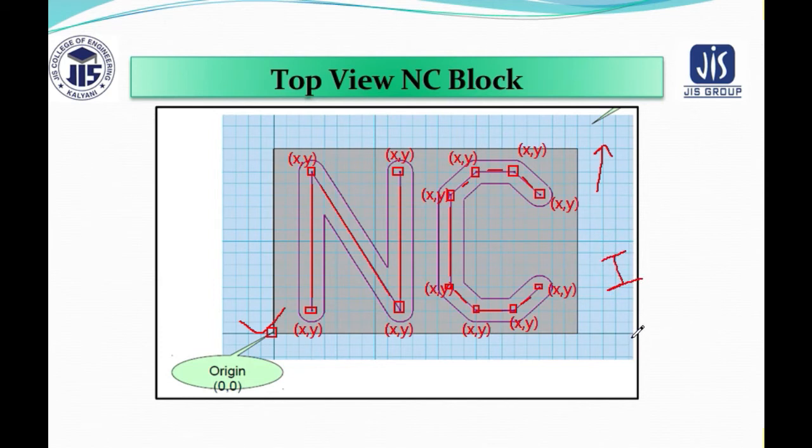So the x value will be positive and the y value is also positive. So it is very easy to calculate the value for all the coordinates if you consider origin to be 0, 0.